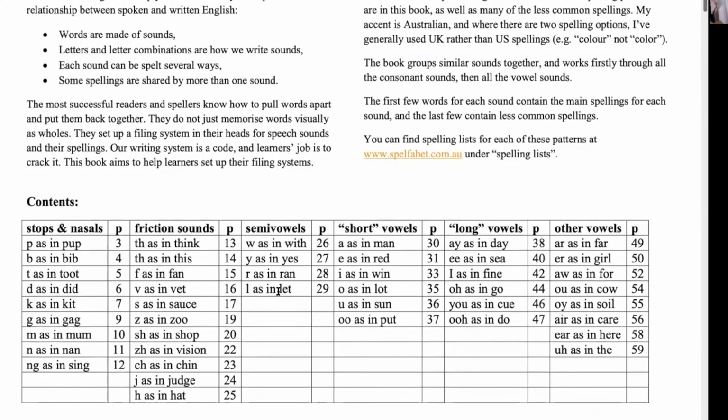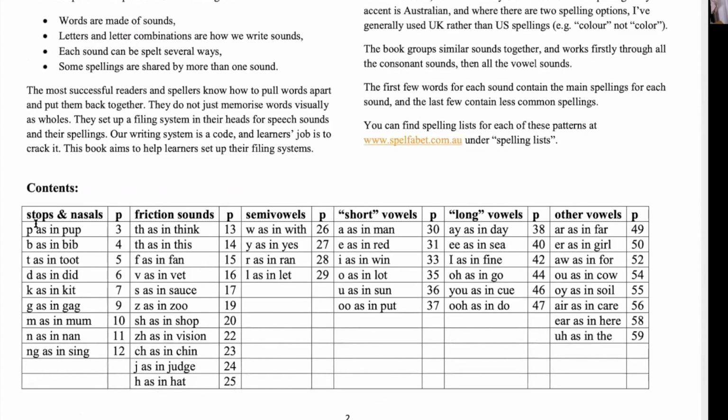And she's actually gone through and she's talked about the stops or the plosives. So stops is another word for plosives. She's talked about the friction sounds, fricatives, the semi-vowels, and then she's gone into short and long vowels, which we'll do in topic 2.